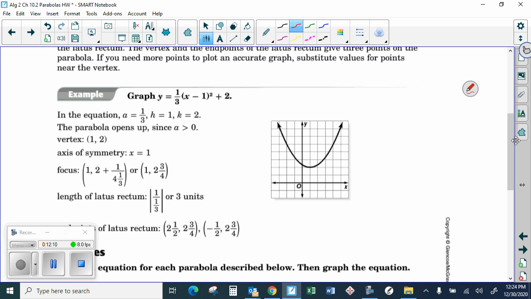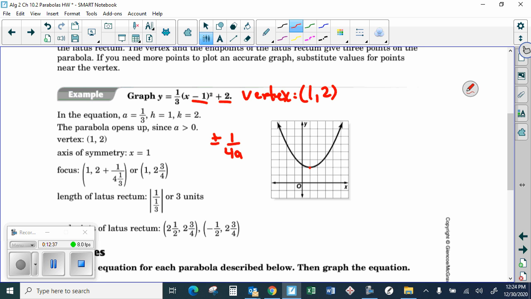So we know the vertex is (1, 2). So (1, 2) right there. We know I just add 1 over 4a inside and subtract 1 over 4a to get down to the directrix.